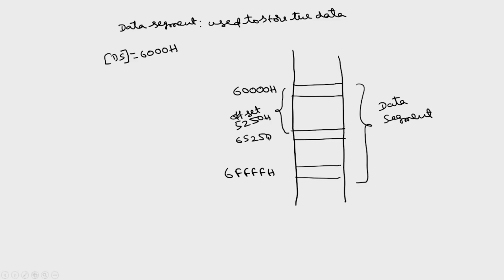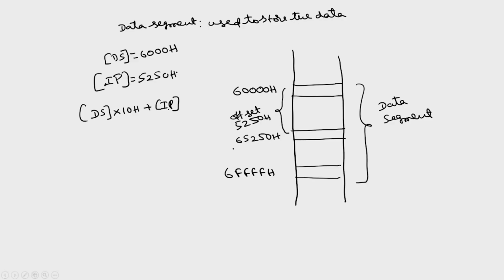The difference is called the offset. That offset will be held by the instruction pointer. So now if you want to compute the physical address, it is the data segment into 10H plus the contents of the instruction pointer.